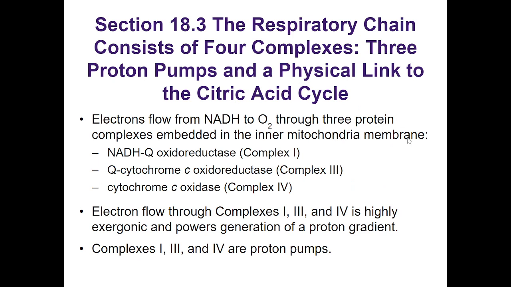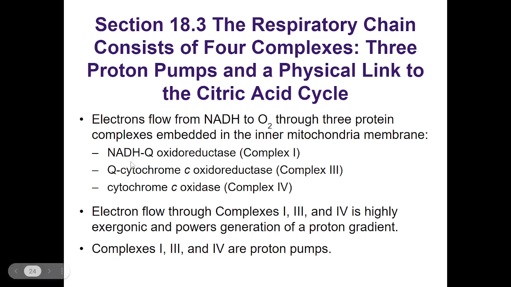So the electrons are going to flow from the NADH to the O2 through the 3 protein complexes that are embedded in the inner mitochondrial membrane. Remember that these complexes will also be parts and joined with our citric acid cycle. This is not actually a completely separate thing.